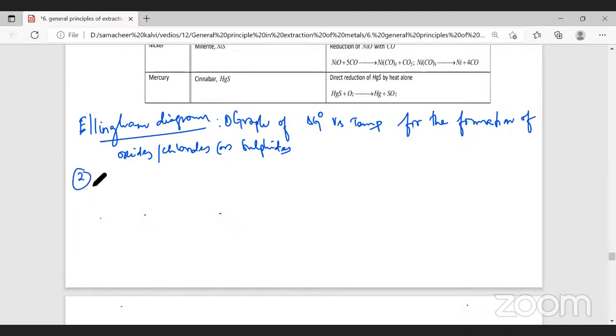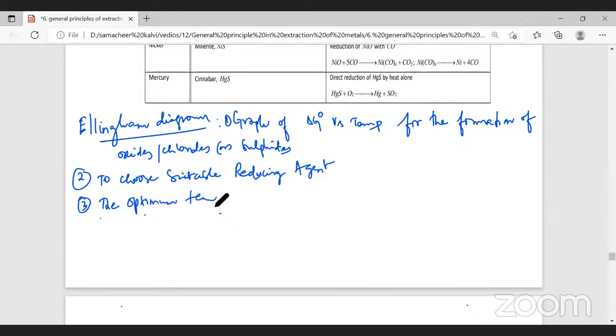Now, why do we have to learn Ellingham's diagram? We learn Ellingham's diagram to choose a suitable reducing agent, and also the optimum temperature for reduction.